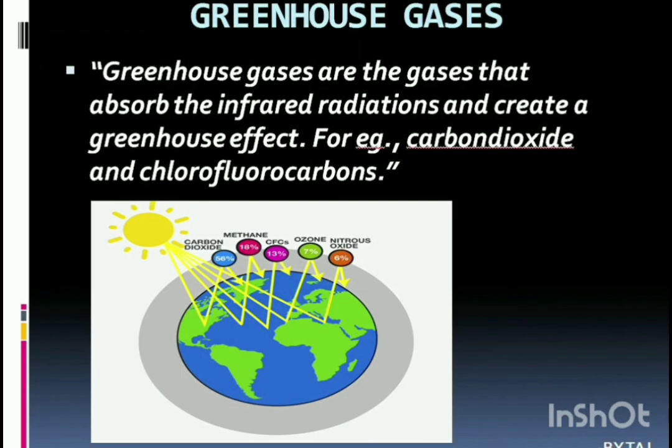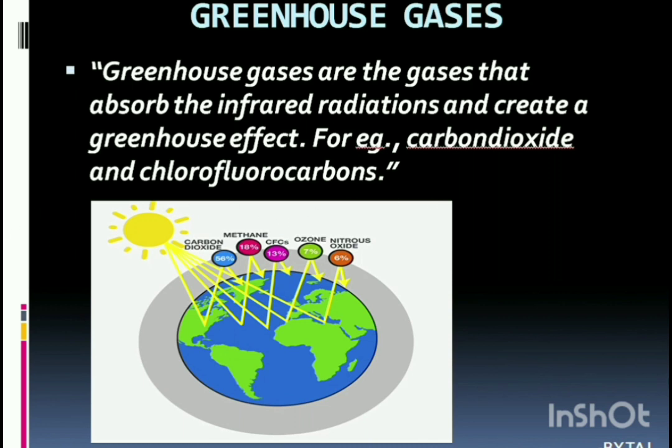So greenhouse gases are the gases that absorb infrared radiation, IR radiations, and create a greenhouse effect. For example, carbon dioxide and chlorofluorocarbons. So these are two greenhouse gases, carbon dioxide and chlorofluorocarbon.